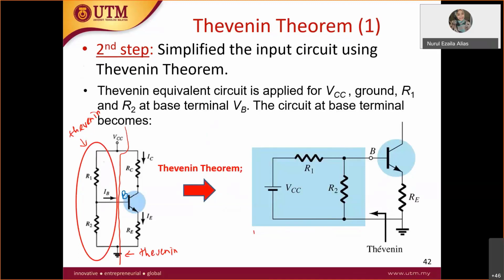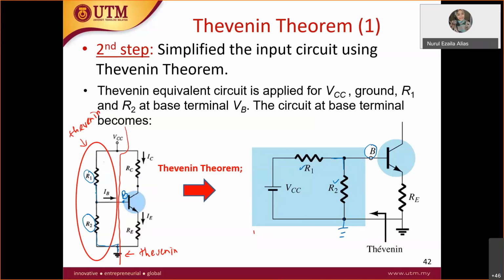At the base, you have two resistors, one to R1 and one to R2. Let's draw R2 first. R2 is connected to the ground. So where does the other point of R2 go? It goes to R1.